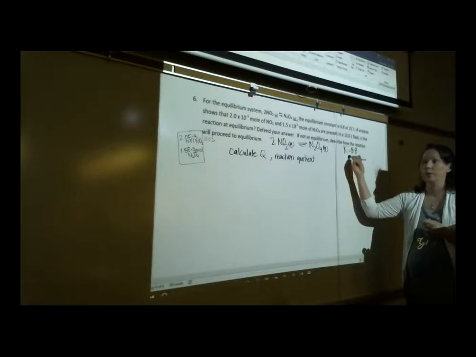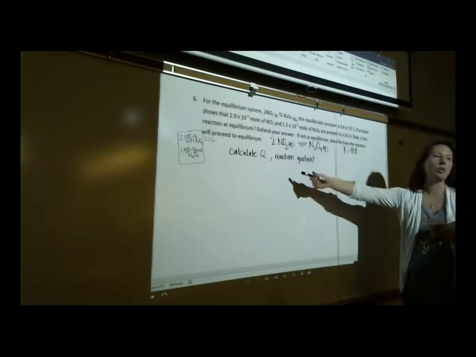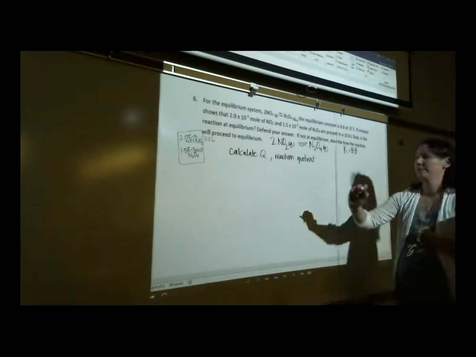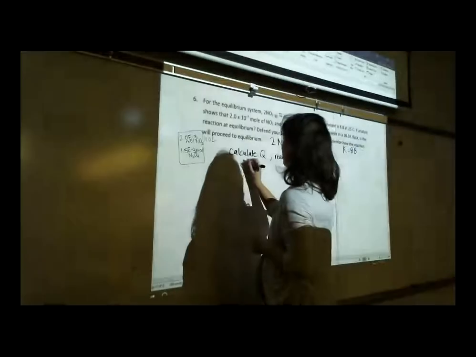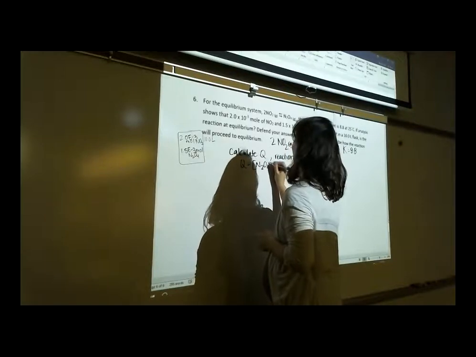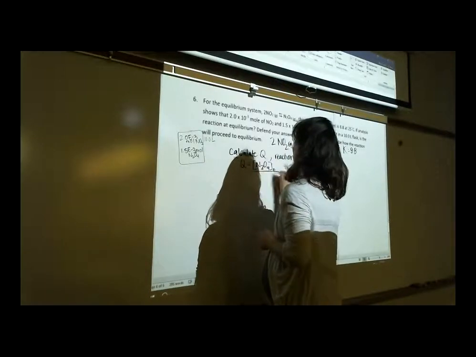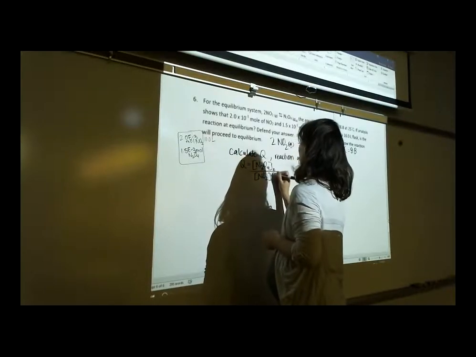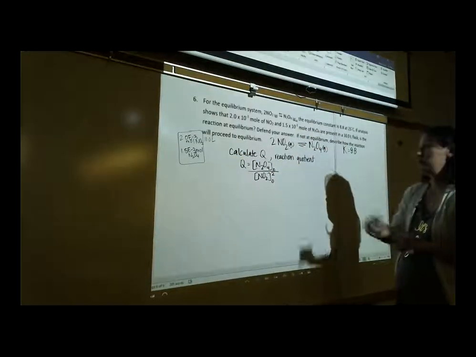K uses equilibrium concentrations. What does Q use? It uses initial concentrations, right? So Q would be the initial concentration of N2O4 divided by the initial concentration of NO2 squared, right? Coefficient of 2.